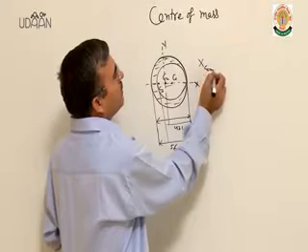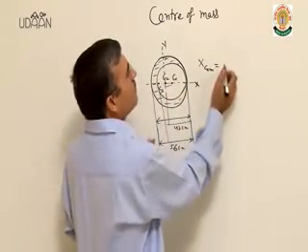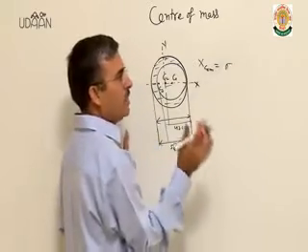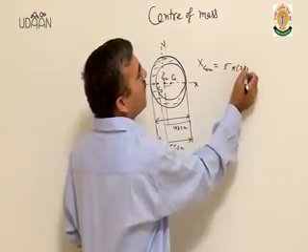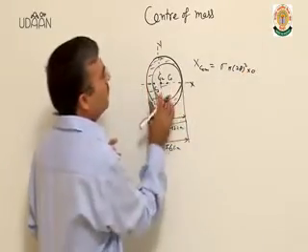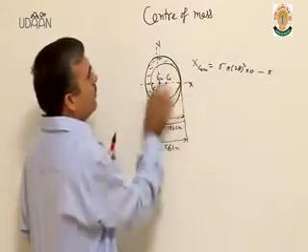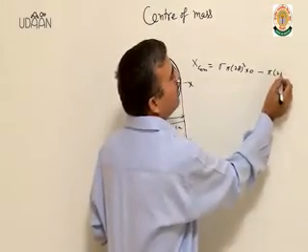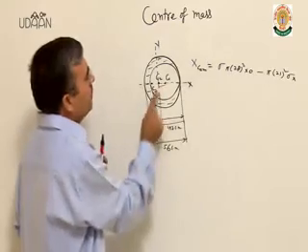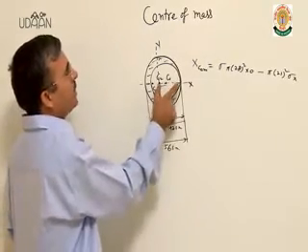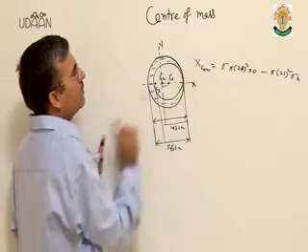So x com of the residual part will be: suppose sigma is the mass per unit area, total mass is sigma into pi into 28 square, into 0, minus pi into 21 square into sigma, into its position with respect to this. What will the radius be? It is 28, it is 21, so this will be 7.